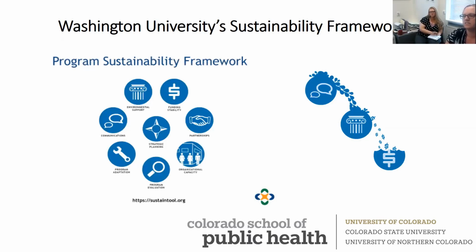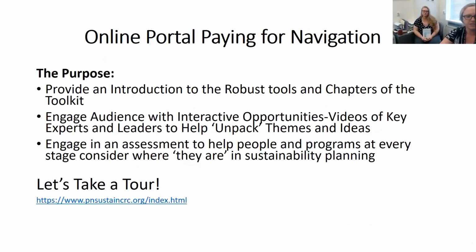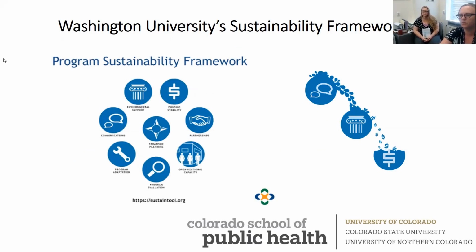One of the things we talk about in terms of the formative grounding of this work was really looking at the sustainability toolkit and the fundamentals that we've used from WashU around funding stability, partnerships, organizational capacity, program evaluation, adapting your program, communication strategies, and environmental support, oftentimes known as policy support. You really need all of these things working in tandem to be sustainable.